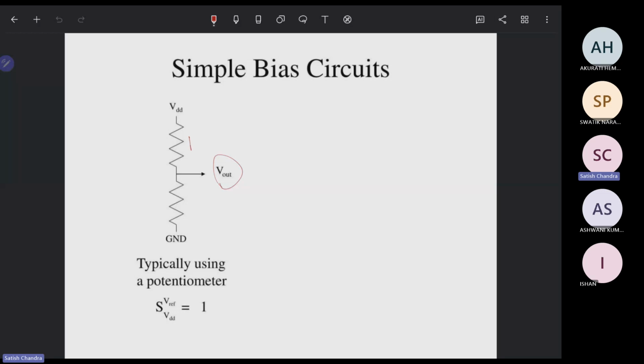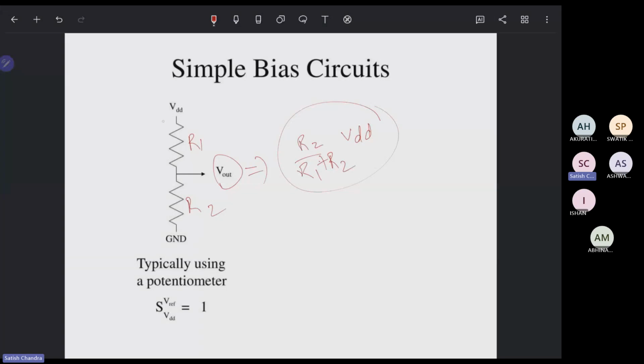Depending on the resistances R1 and R2, we can directly write this value. That is nothing but R2 by R1 plus R2, into VDD. So this is the voltage, and this is what we call a reference voltage. Depending on the resistance in between, this part decides the voltage at this particular point.